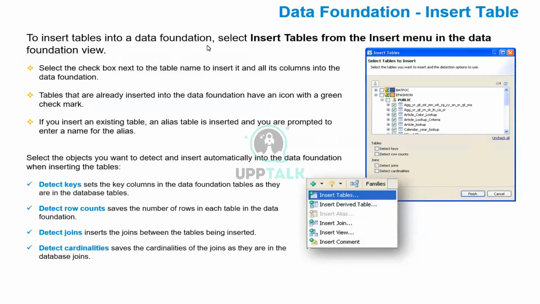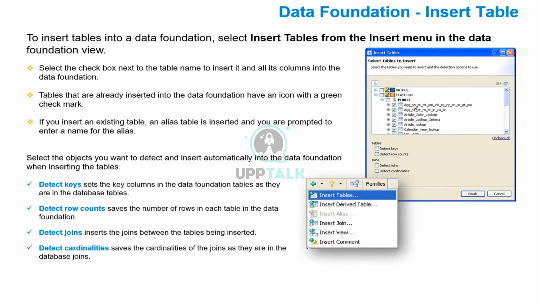To insert tables in the data foundation, first we will create a data foundation, then we'll select the insert table option. If you see here, this plus symbol is for insert. If we click on this arrow, we will see what we want to insert. Do you want to insert tables or insert derived table, insert join, or insert view, insert command? If you select insert tables, we will get this option, select tables to insert.